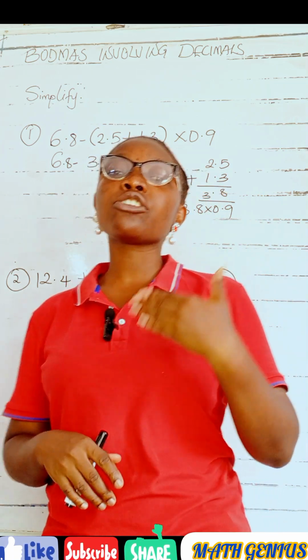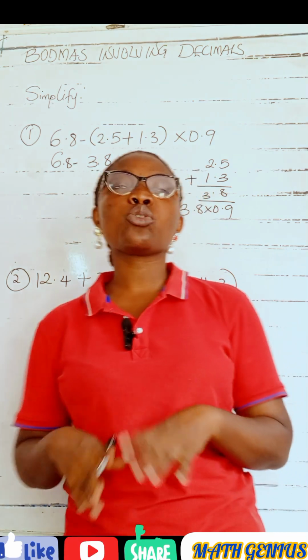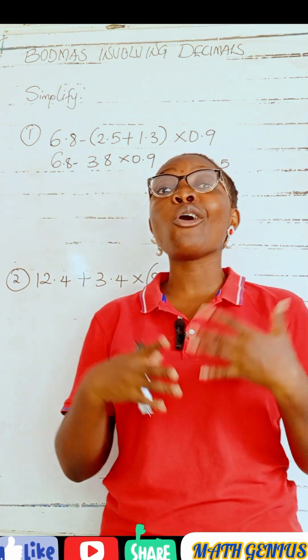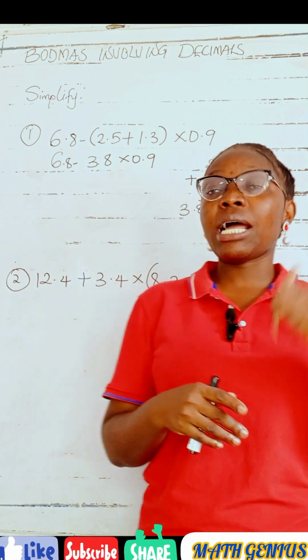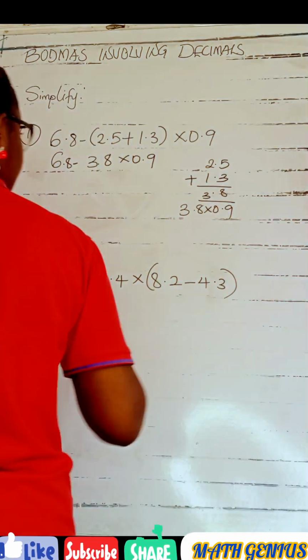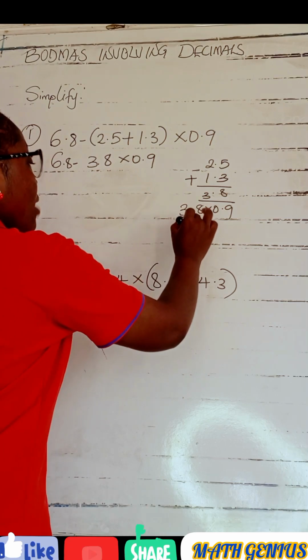So without using the calculator, when you are multiplying decimals, all you need to do is to multiply the numbers as whole numbers. When you are done, you bring back the decimal places. This is what I mean. Now 3.8 is a decimal number with one decimal place, so you write it as 38.